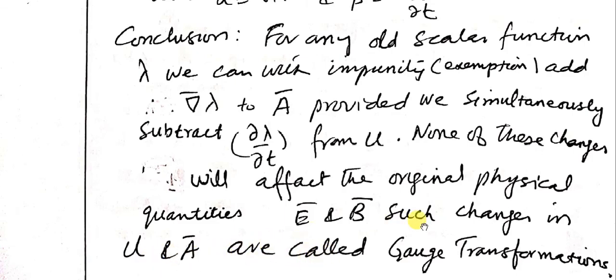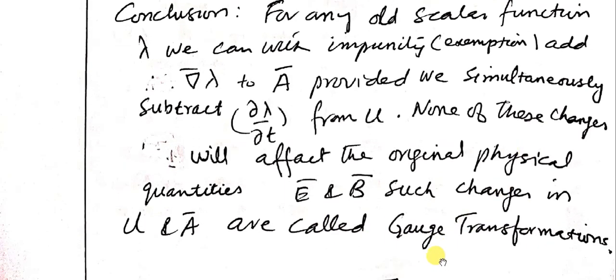Such changes brought into U and A, for the physical quantities E and B, are called gauge transformations. So that is the process of gauge transformation in electrodynamics. With this we reach the end of the topic. Thank you.